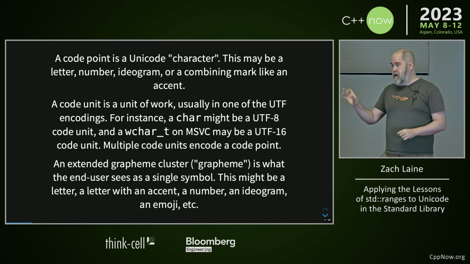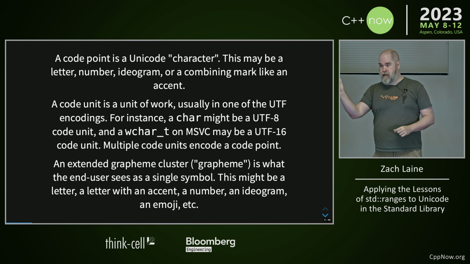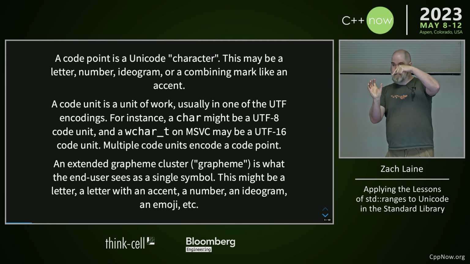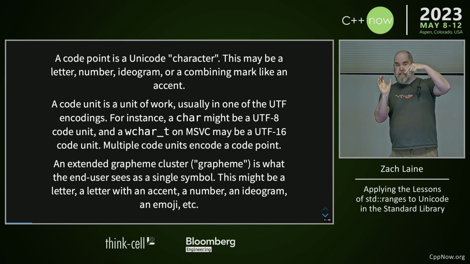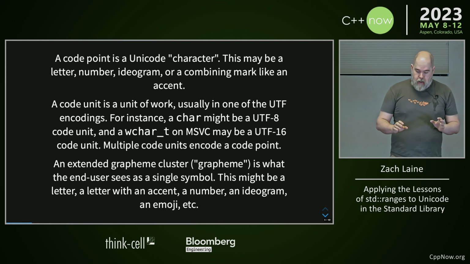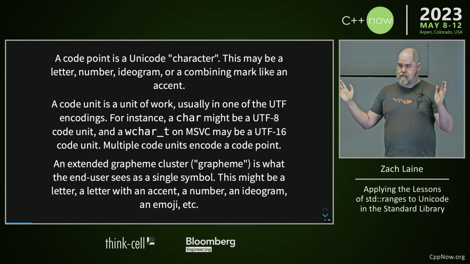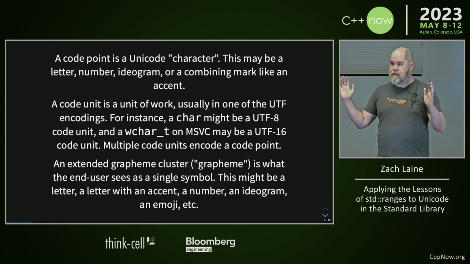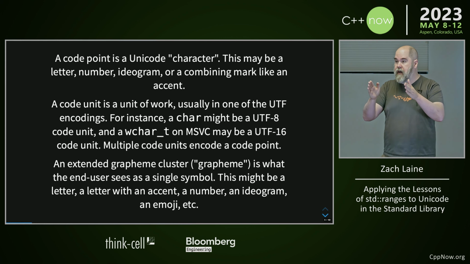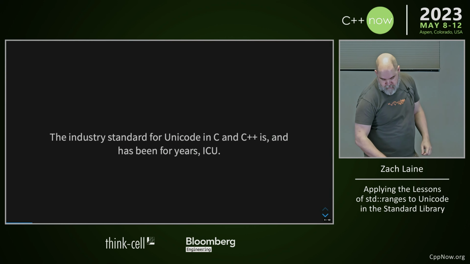Reading left to right, if they got the letter A and then an accent, what they see on the page or on the terminal is an A with an accent over it. They don't see the 2 code points, even if you use 2, okay? And there are also combining emojis, which are sometimes very long and sort of complicated. Those appear as one thing in the terminal as well, okay?